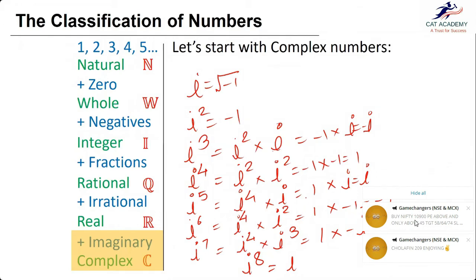No, Nihal, there is no further calculation of under root minus 1, because we have initially defined i is equal to under root minus 1, right?